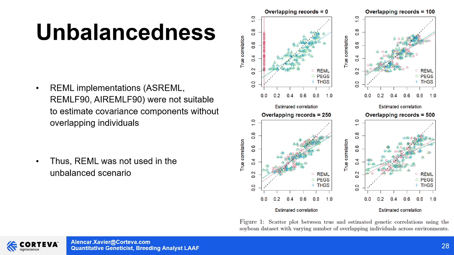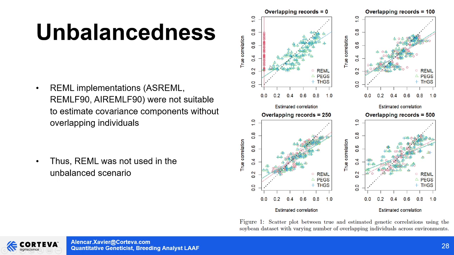One thing that I have to disclose is that under the unbalanced scenario in the soybean data set, we were not able to get REML genetic covariances. Whenever we had zero overlap of records, the estimated values from REML are all anchored at zero.